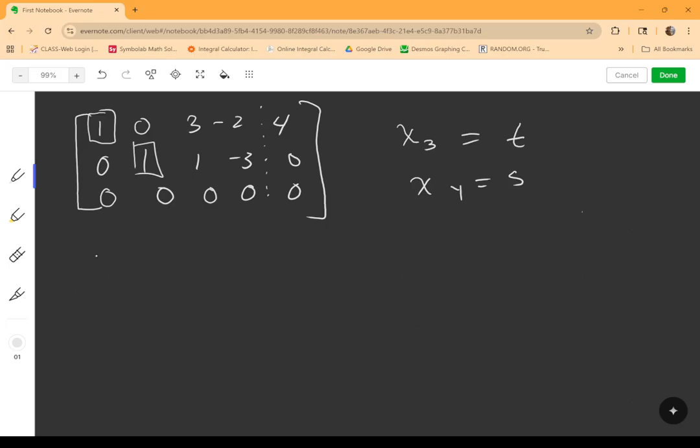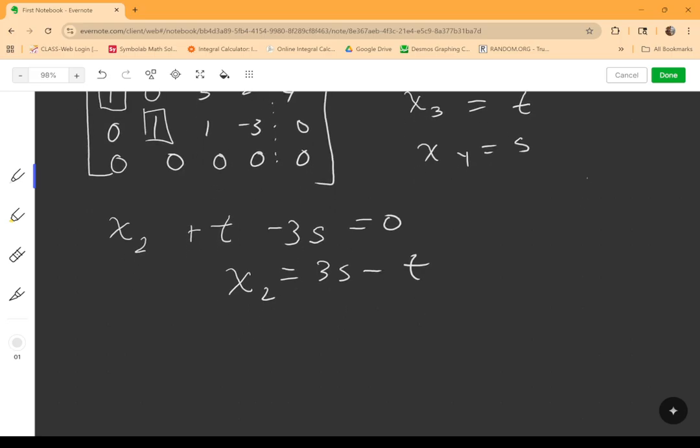So looking at row 2 there, I can write x2 plus x3, but that's t, minus 3x4, but that's s, equal to 0. So solving for x2, we get x2 is 3s minus t. All right.